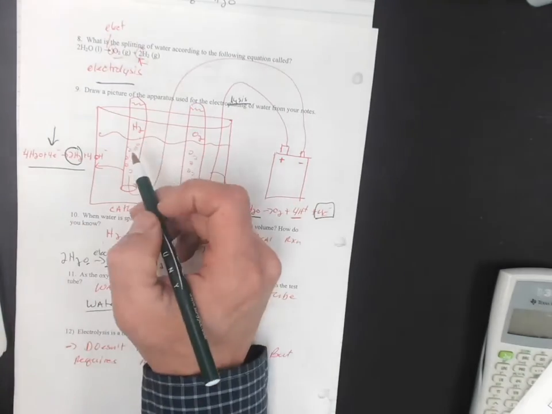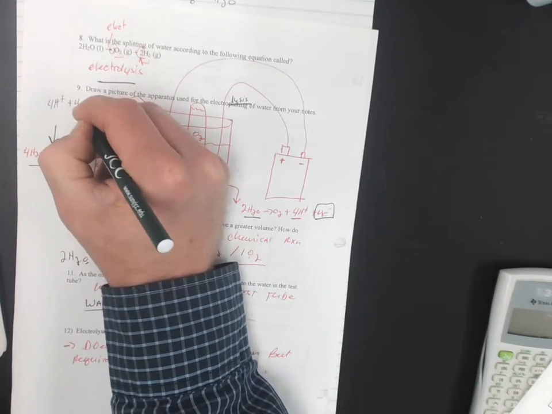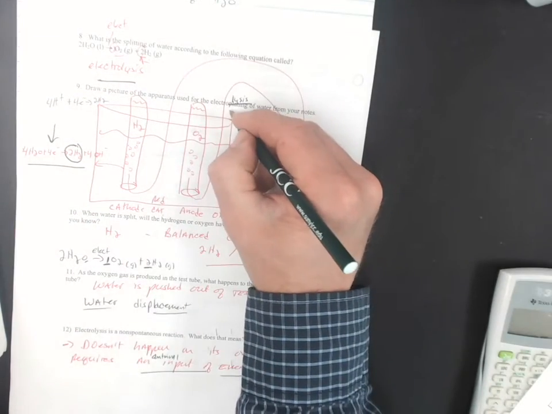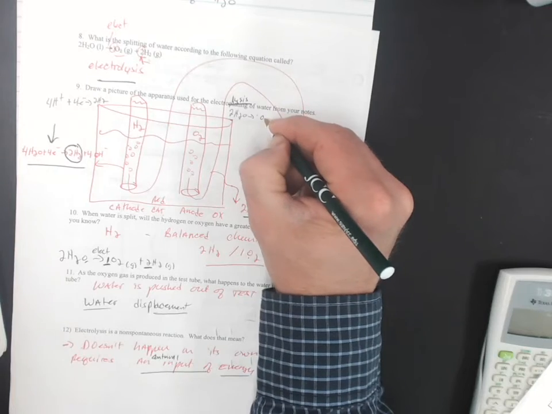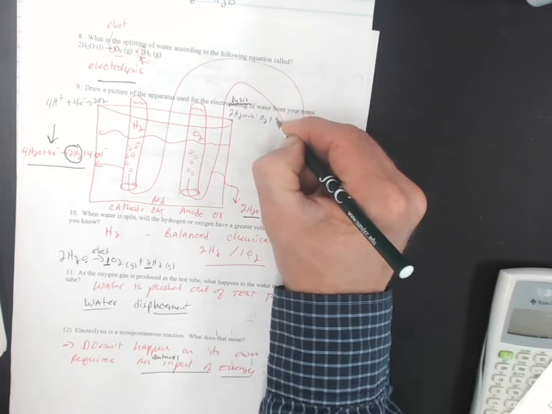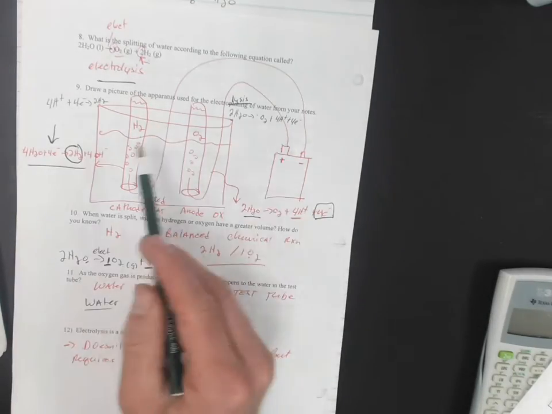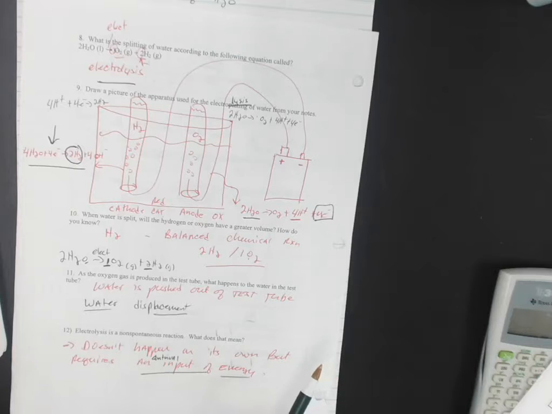The first one here for the hydrogen, the simplest way to do it is 4H+ plus 4 electrons yield 2H2. And for the oxygen, 2H2O yields your O2 plus 4H+ plus 4 electrons. You can use the ones we talked about yesterday in the notes, or these. They're really the same equations.